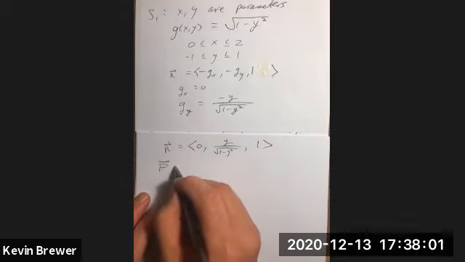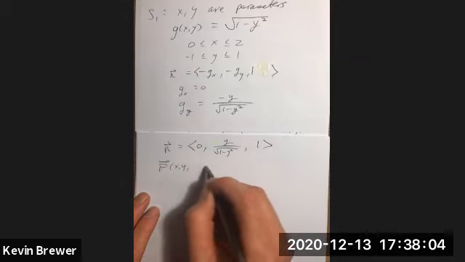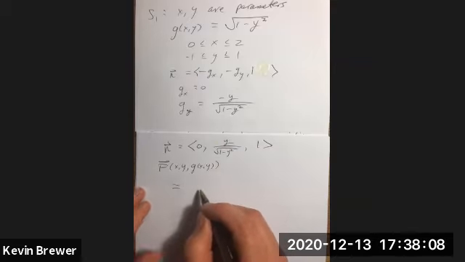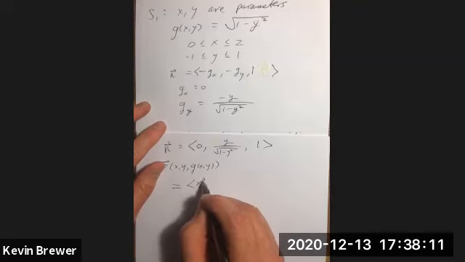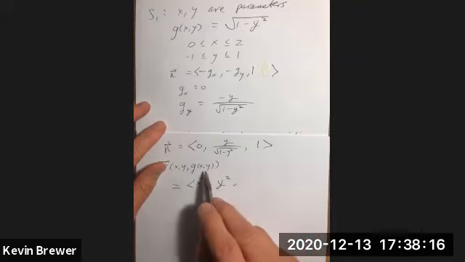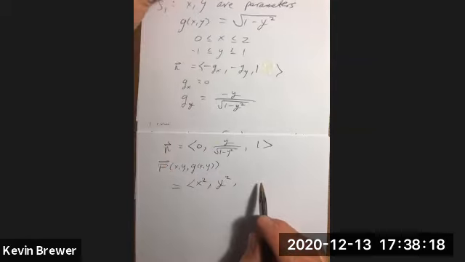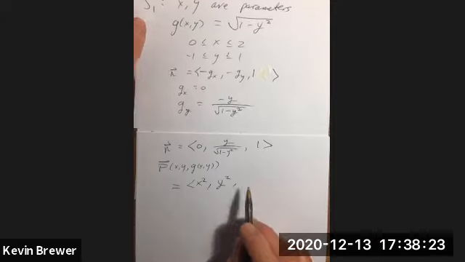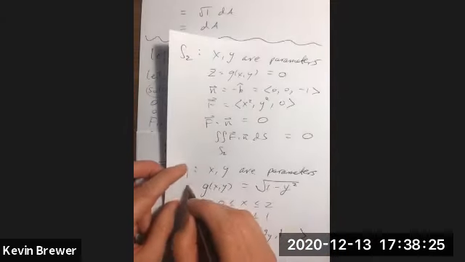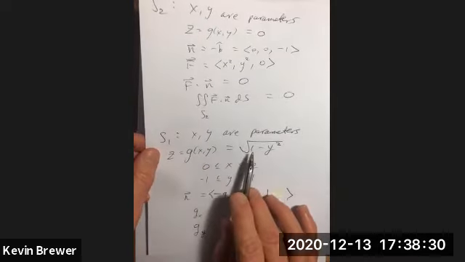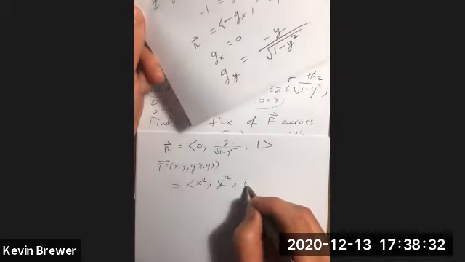F as a function of x, y, g of x, y is x squared, y squared, and then g of x, y. See, really, we have z squared here, but g of x, y is what's giving us z here. So z squared is the square of that, so it's just 1 minus y squared.